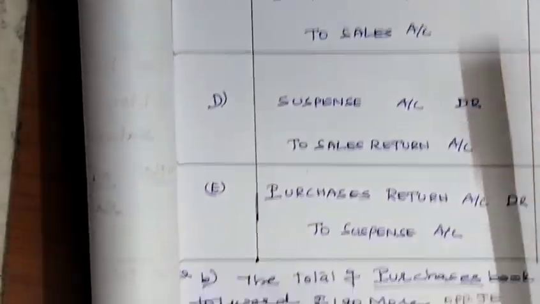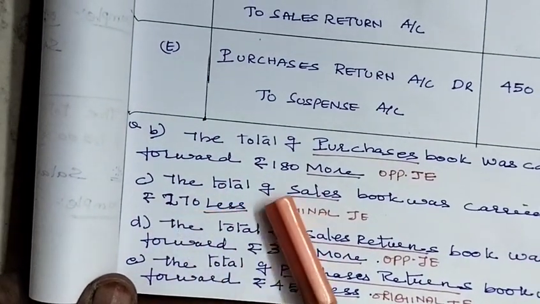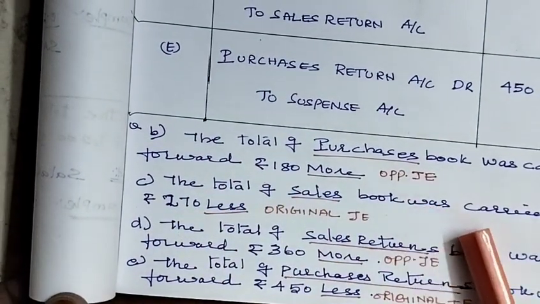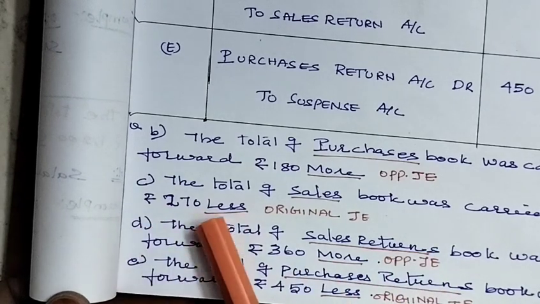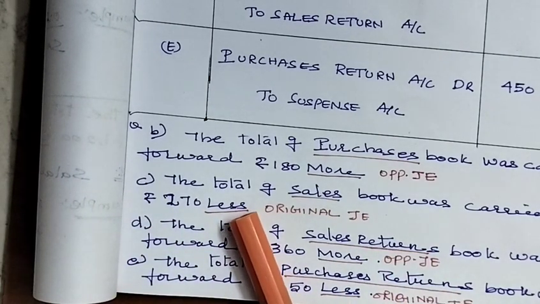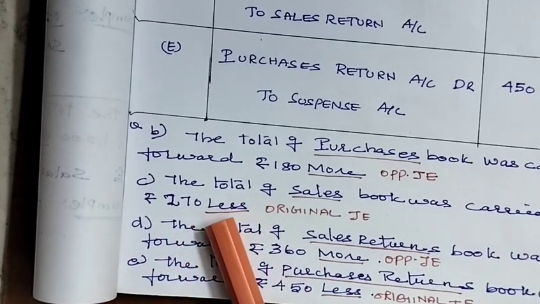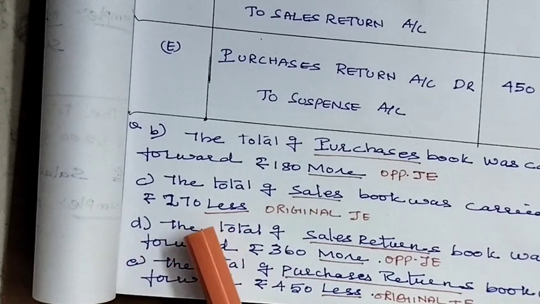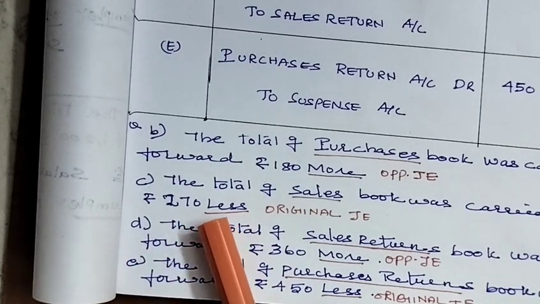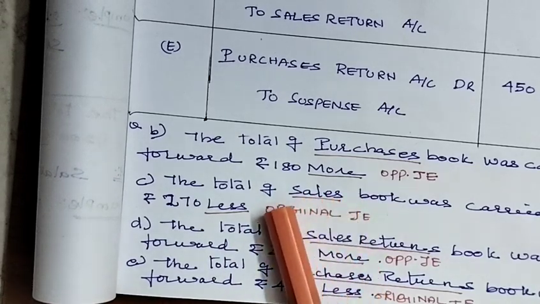Okay, let's see the next transaction: the total of the sales book was carried forward rupees 270 less. What we have to listen for here is the word less, short, under cost. Which journal entry should you use? You have to use the original journal entry for the sales book.